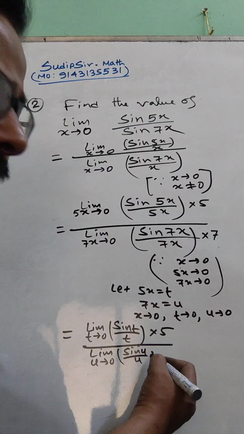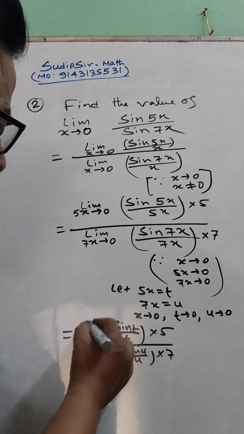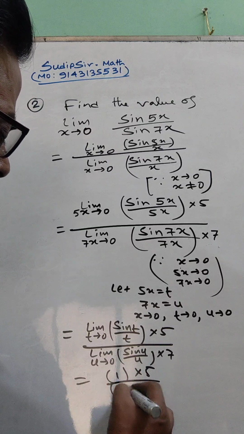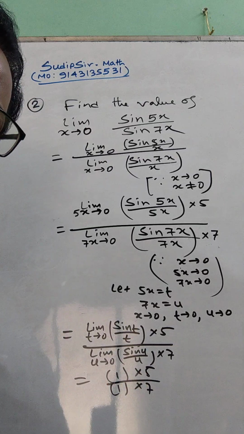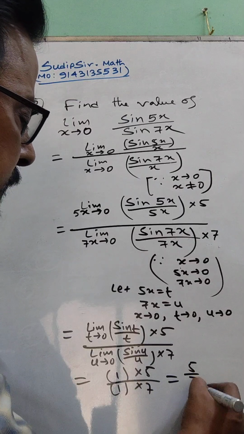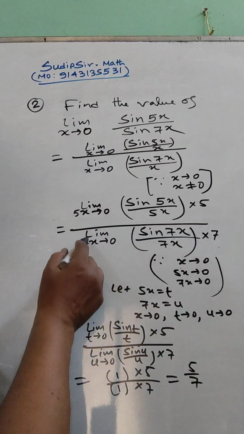This is also standard limit into 7. That is, your answer will be, this is standard limit 1 into 5 by 1 into 7, that is 5 by 7. Now you can jump this part directly.